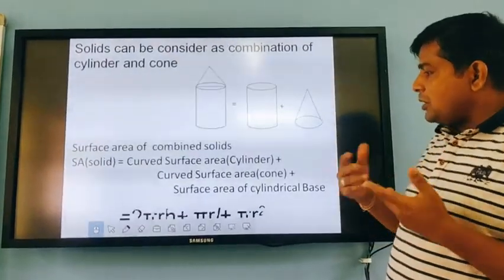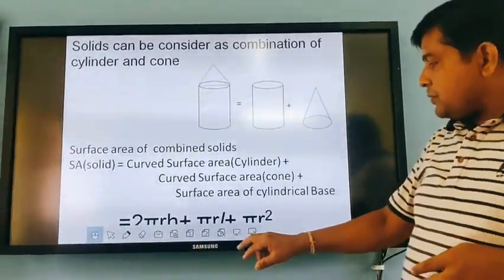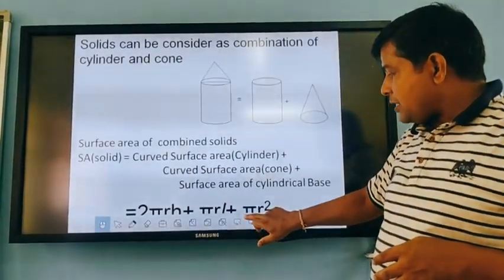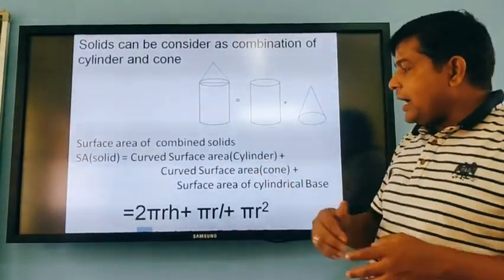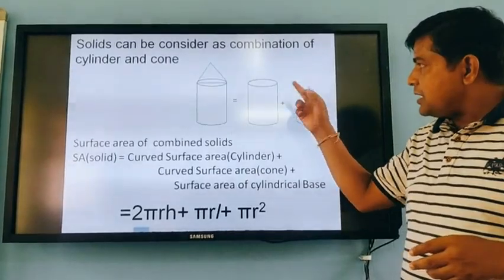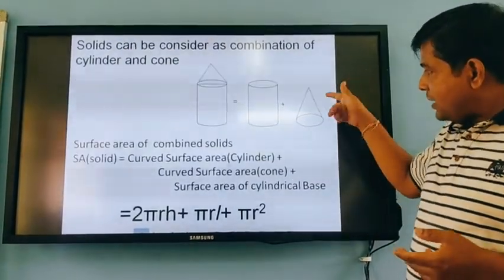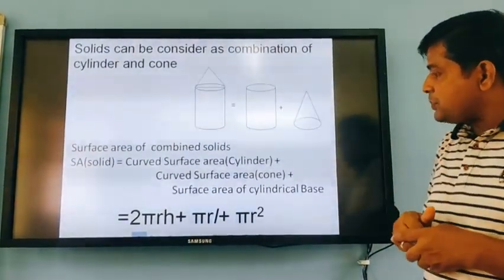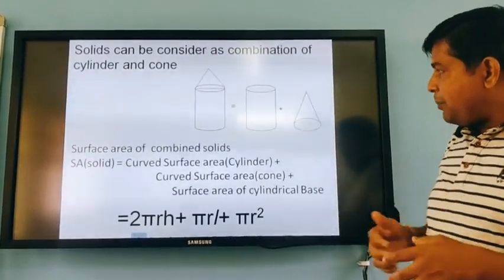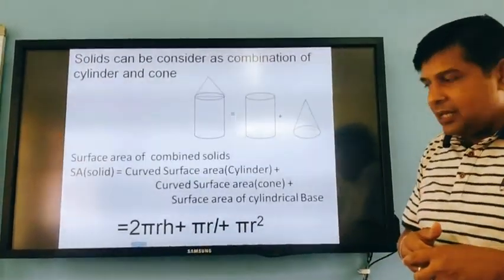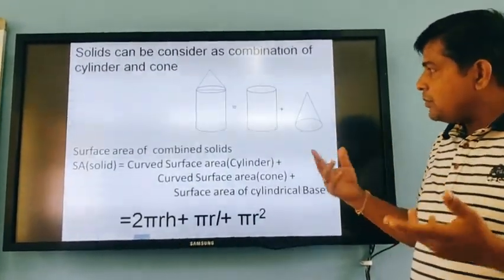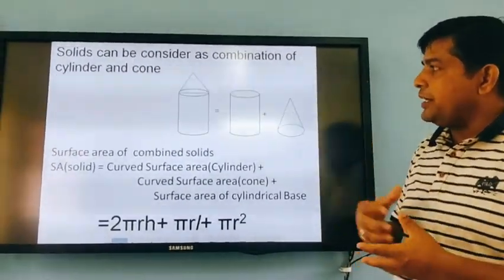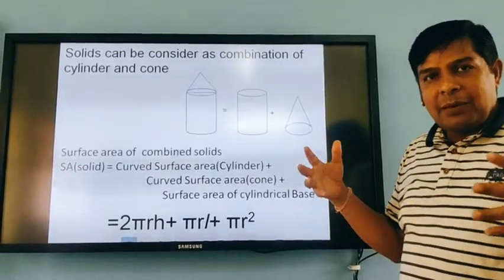So when you put all the formulas, the curved surface area of cylinder is 2 pi rh, the curved surface area of cone is pi rl, and the base, which is in the form of a circle, is pi r square. Thus we find out the surface area of a solid when it is formed by combining two shapes.